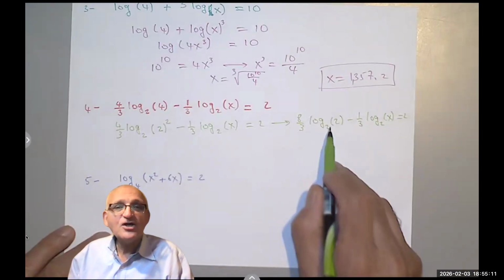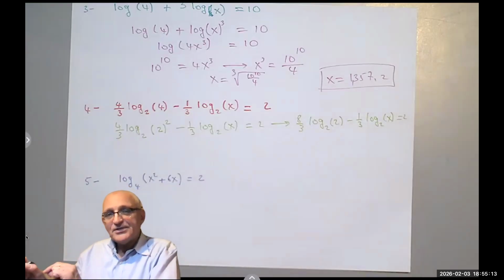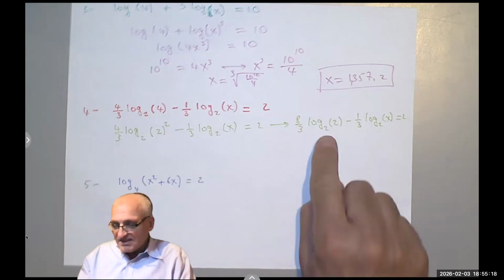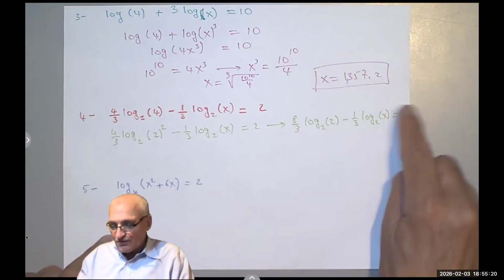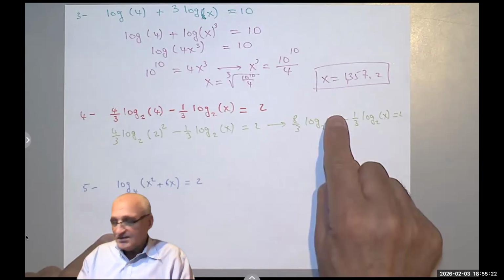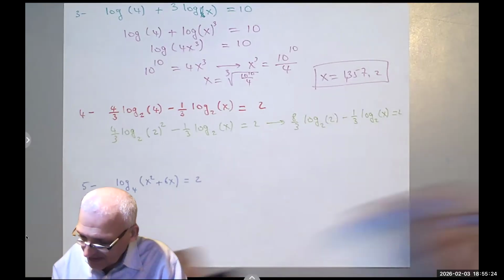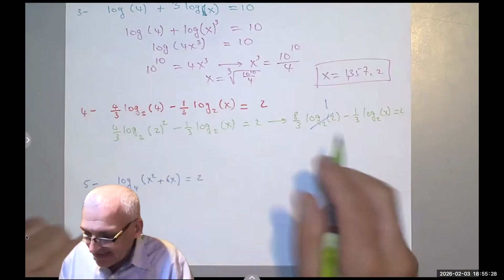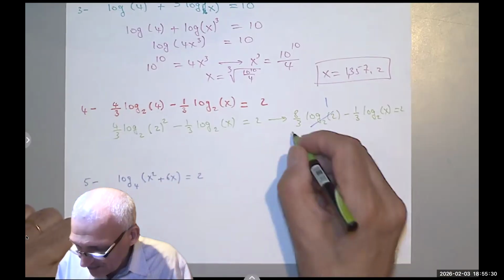What did we say log of a number that is exactly equal to the base is? This thing is 1. 2 to the first power is 2, right? So this is 1. After that, I can subtract 8/3 from both sides.